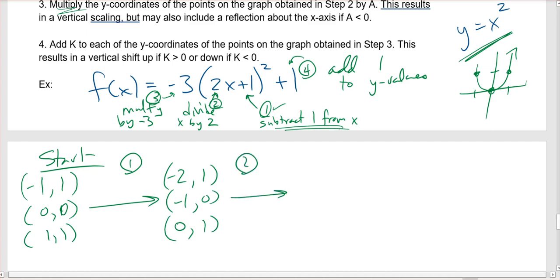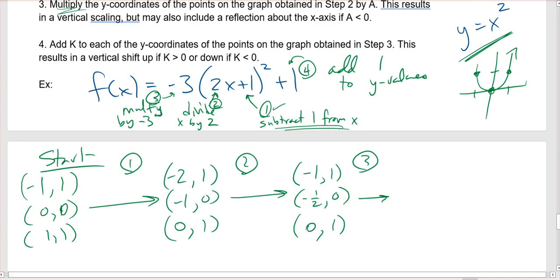So here's step 2. We're going to divide all the x values by 2. So dividing all these by 2, we're going to have -1. We got -1/2. We got 0 divided by 2, that's still 0. Great. All right, so now our third step, we're going to multiply all these y coordinates by -3. So check it out, it's negative in front of there.